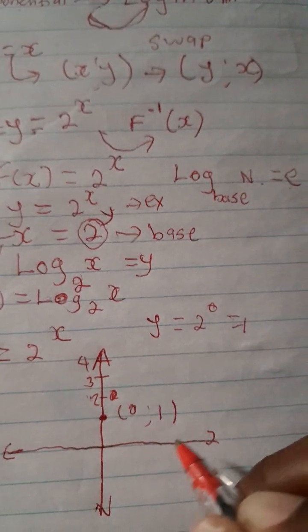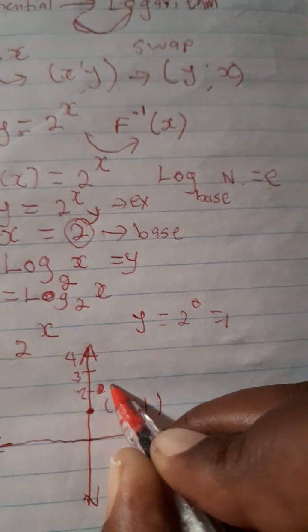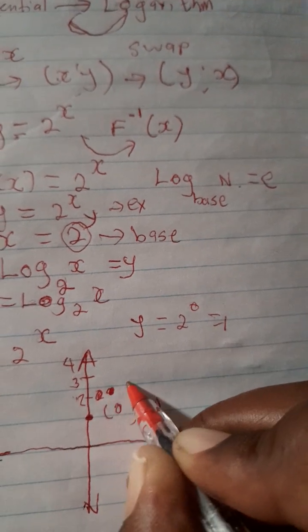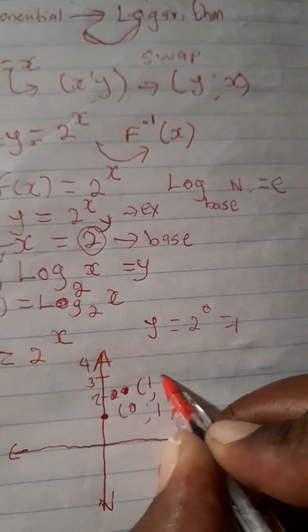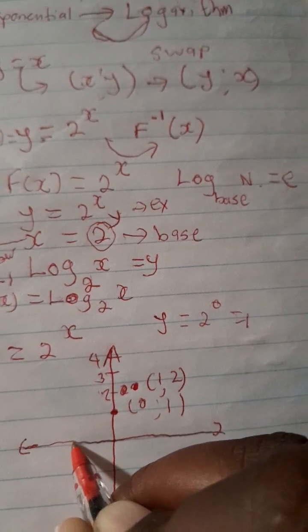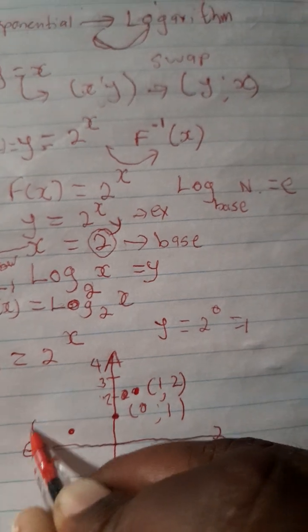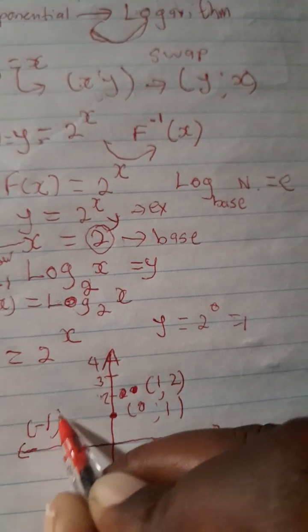So the other point, let's say it's 1 is to 2. Probably it's another point there, 1 is to 2. Then we also have another point. Let's say that other point is negative 1.5.